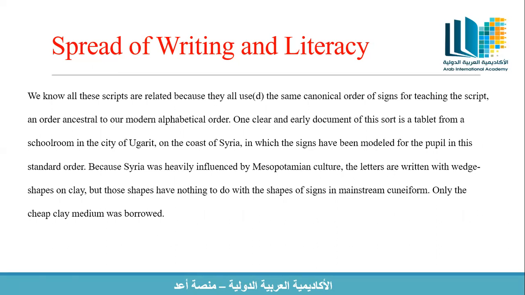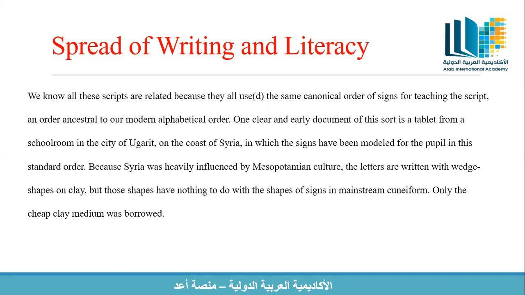One clear and early document of this sort is a tablet from a schoolroom in the city of Ugarit, on the coast of Syria, in which the signs have been modeled for the pupil in this standard order. Because Syria was heavily influenced by Mesopotamian culture, the letters are written with wedge shapes on clay, but those shapes have nothing to do with the shapes of signs in mainstream cuneiform.